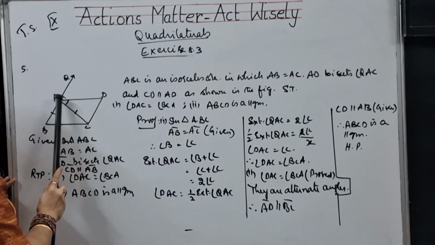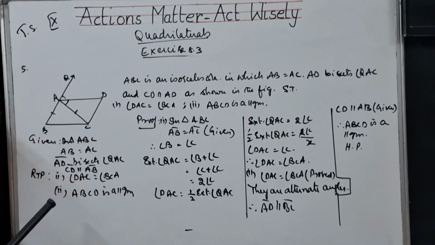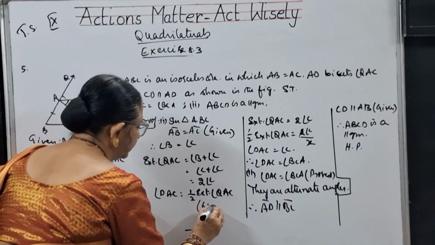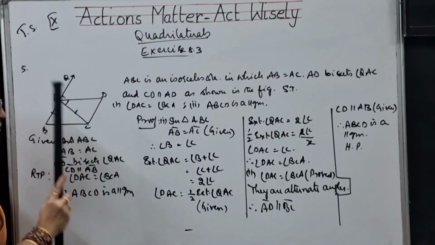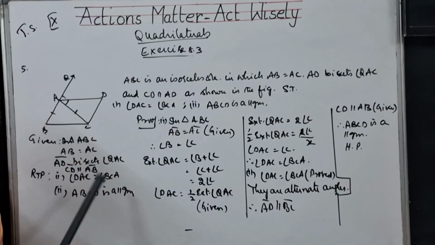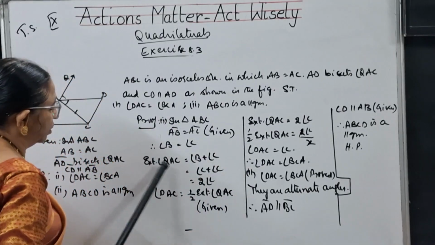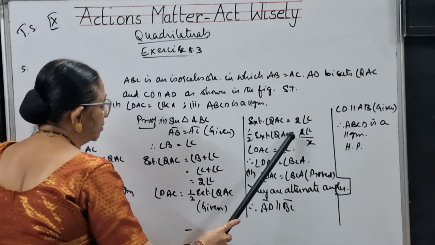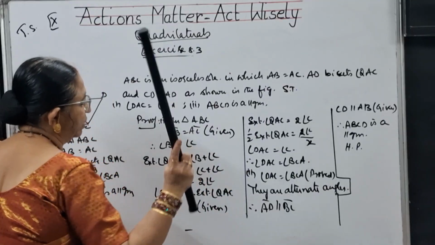And what is angle DAC? It is nothing but half of exterior angle QAC. This is also given to us, because they said that AD bisects angle QAC. So angle DAC is half of exterior angle QAC. Exterior angle QAC is two times angle C. So half of exterior angle QAC is, if I take half here, I have to make half here, 2 and 2 will get cancelled.